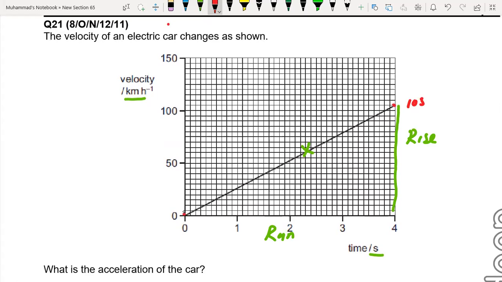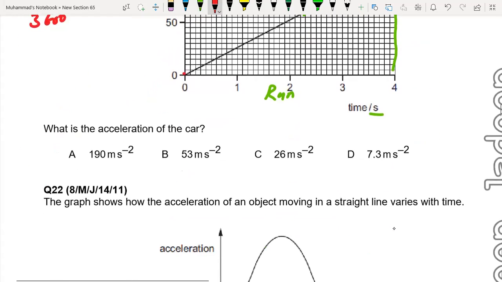So 1 is equal to 5. So 105 kilometer divided by 4. Most of the students do this. But please remember, you have to convert this into meter per second from the kilometer per hour. So 105 kilometer is 1000 meter over 3600 second. That is rise divided by run, which is 4. So you will get the correct answer.